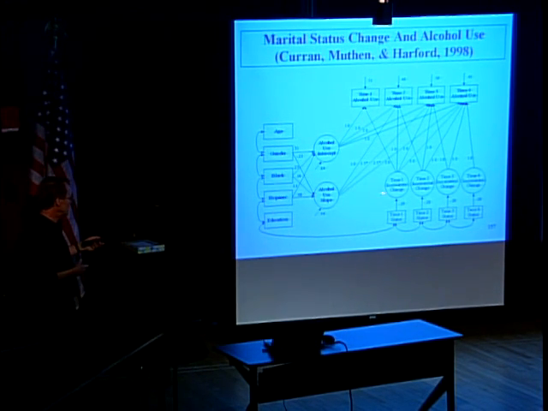Why don't we have residual arrows here? Why are the residual variances fixed at 0? Two answers. One, it's not identified.